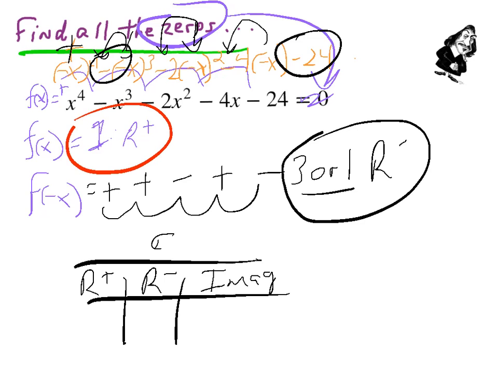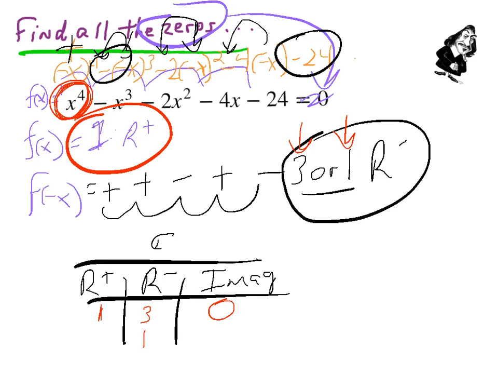We know we're only going to have 1 positive real root, no matter what. We could have 3 of these or 1 of these. If we have 1 positive real and 3 negative real, and this 4 tells us that we only have 4 complex roots, then if we have 4 real roots, 1 positive, 3 negative, that means we have no imaginary.